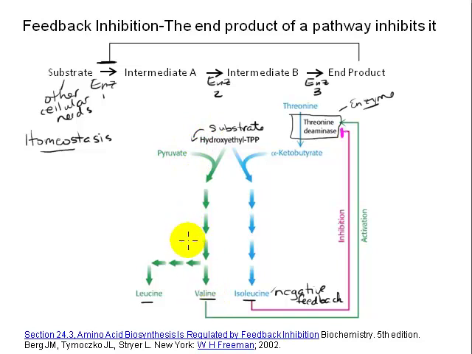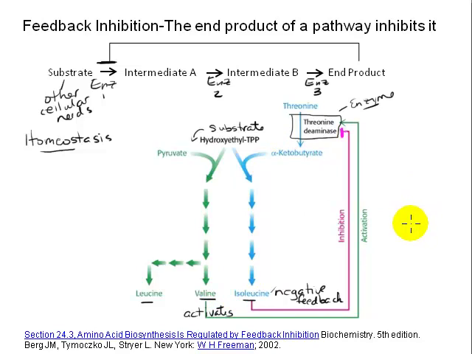On the other hand, when valine levels are high, valine acts as an activator of the enzyme, speeding up the reaction to produce more alpha-ketobutyrate and therefore shifting the pathways to produce more isoleucine and less valine and leucine.